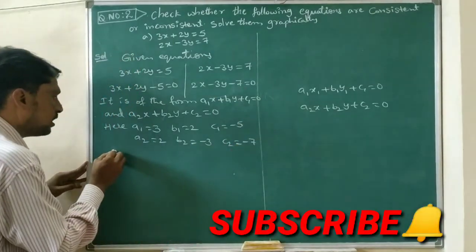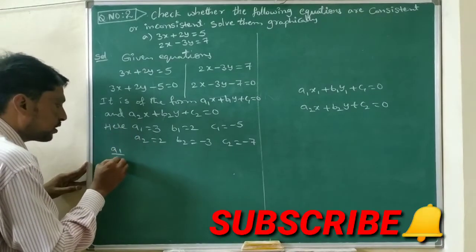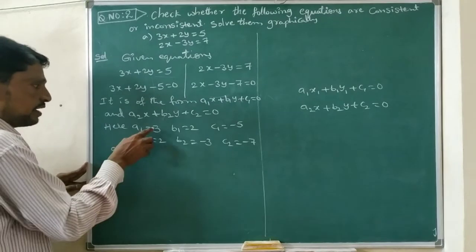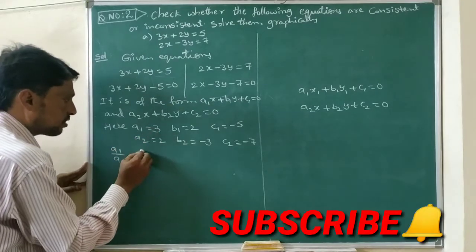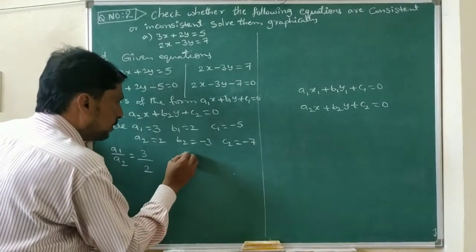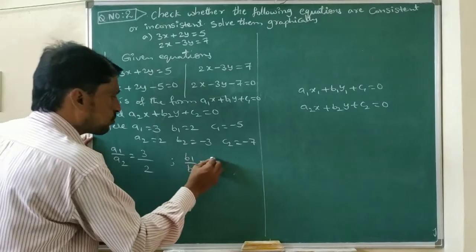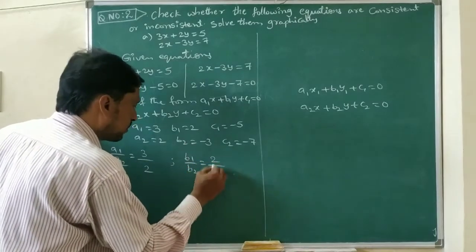Now you can check the comparison of ratios. First, a1 by a2 you can find out. So a1 by a2 means 3 by 2. Next b1 by b2 also you can find out. So b1 is 2 by b2 is minus 3.